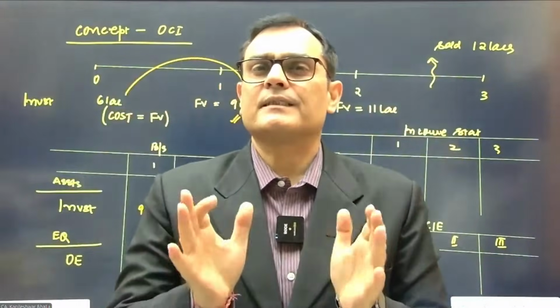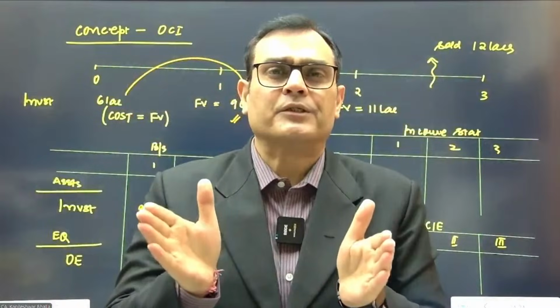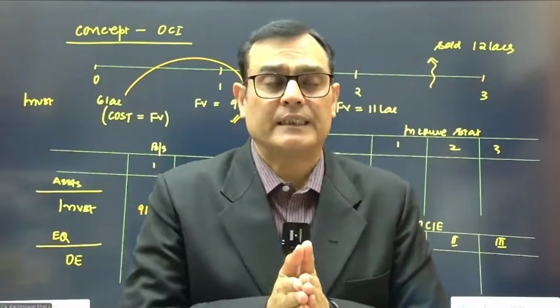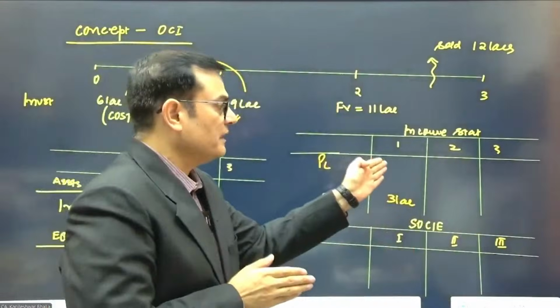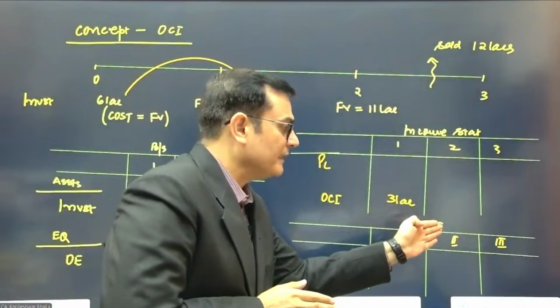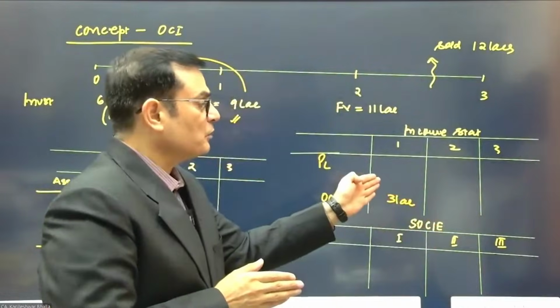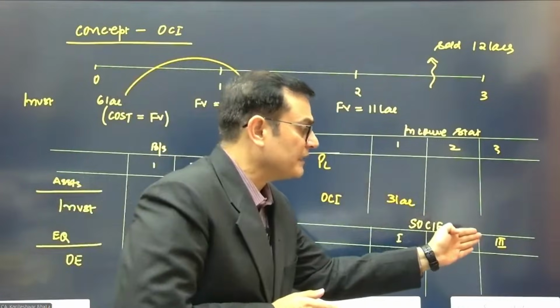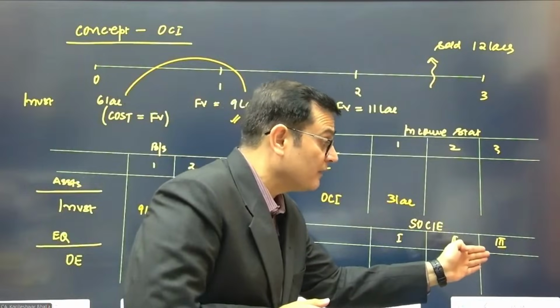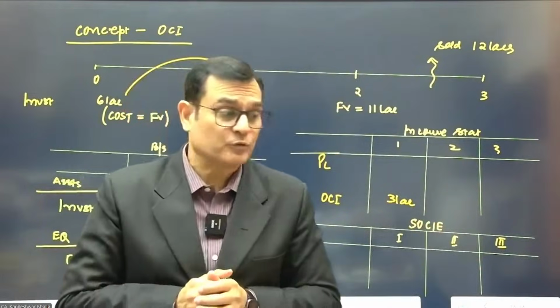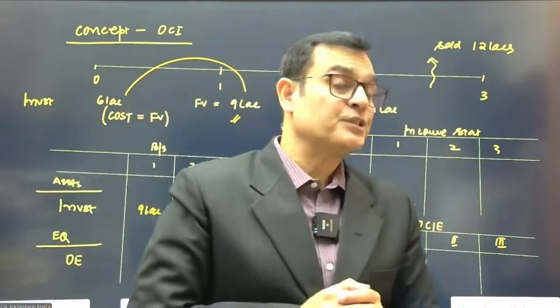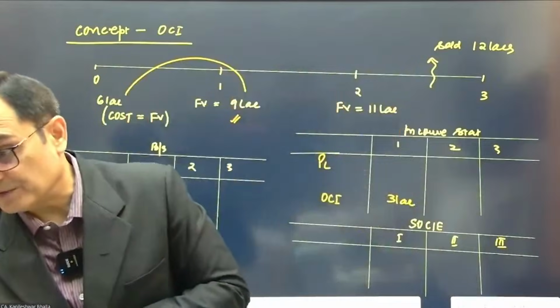The standard setters have a very brilliant approach in segregating P&L and OCI, because when you put things in the P&L, they go to tab 2 and get available for dividends. When you put something in the OCI, it goes in tab 3 and is not available for dividends until it gets realized.